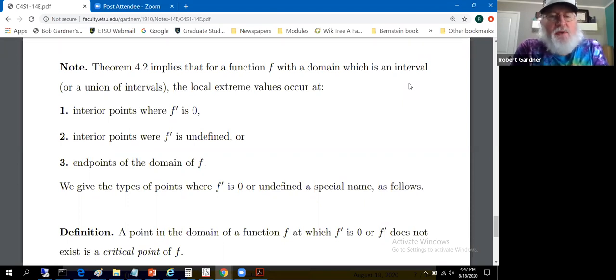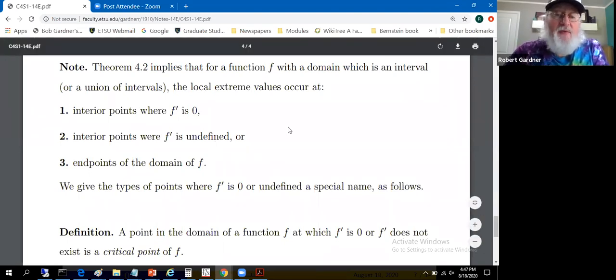So we just need to deal with the derivative. Happy to see derivative brought up in the conversation because we're so good at taking derivatives at this stage. And it's a matter of setting the derivative equal to 0 or seeing where it's undefined at points in the domain of the function. Oh, and checking those points as well as the endpoints of the domain, if relevant.